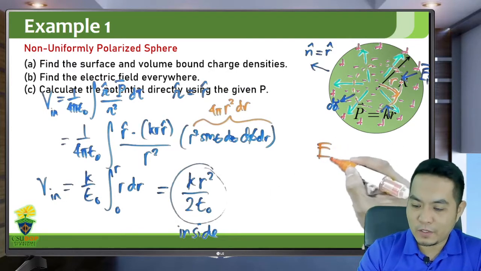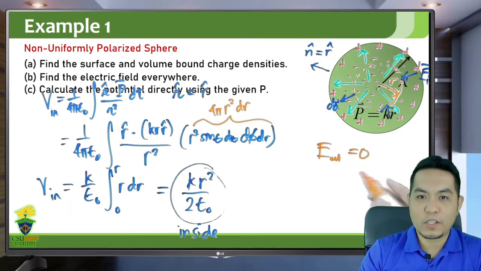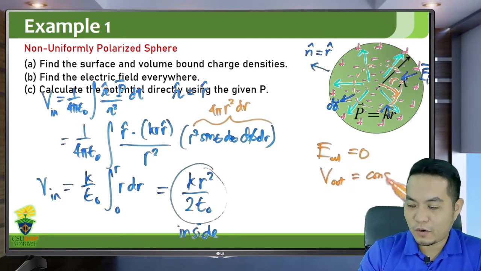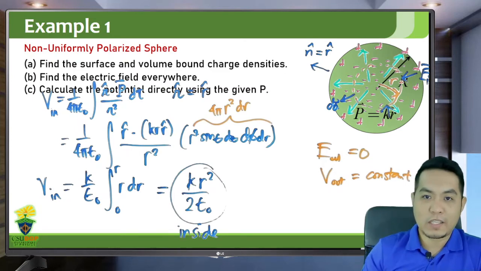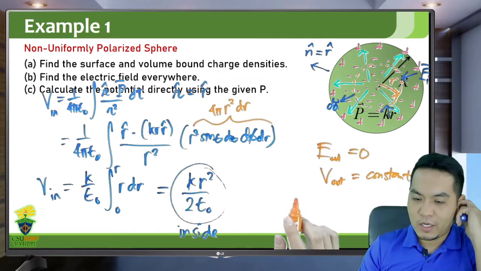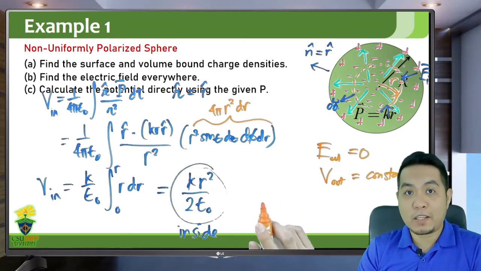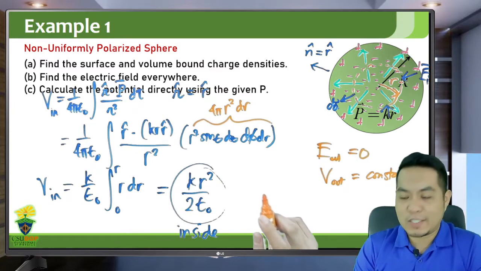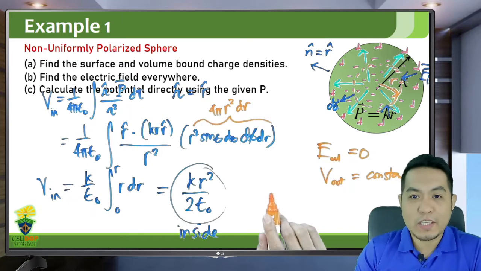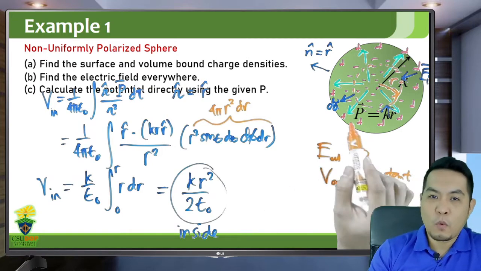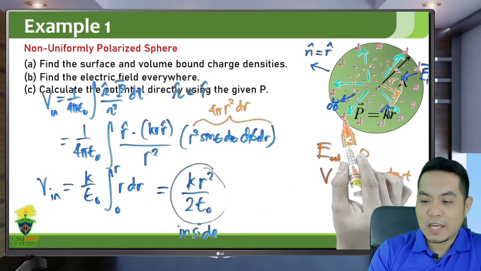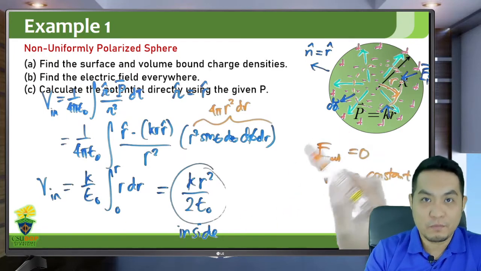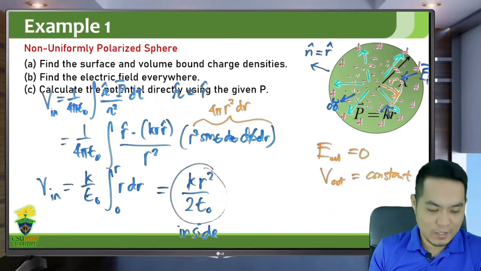So the electric field outside is 0, which means that the potential outside must be a constant. That is because the electric field is just the negative gradient of the potential. If the potential is constant, then the gradient of the potential is 0. So the potential outside is constant, which means whatever is the potential at the surface of the sphere, that is the potential outside of the sphere.